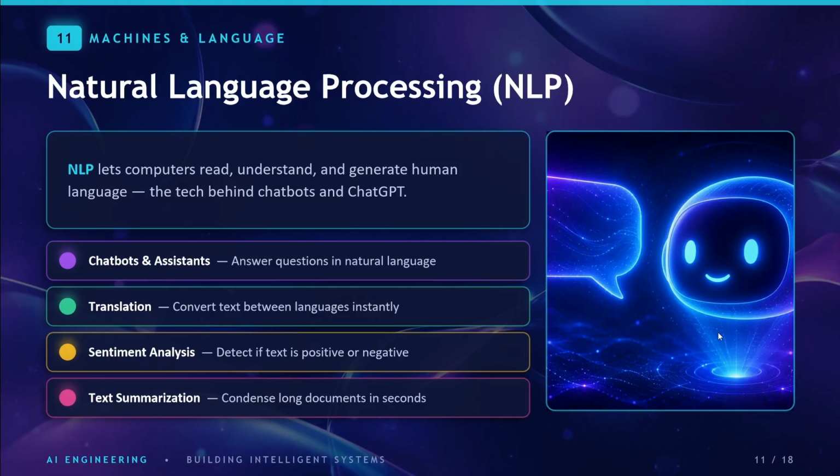And fourth, we have text summarization, where NLP models can condense long documents into a short summary within seconds, saving huge amounts of time for anyone who needs to quickly understand the key points of a lengthy report or article. Together, these applications show how NLP has transformed the way we interact with machines using something as natural as our own language.